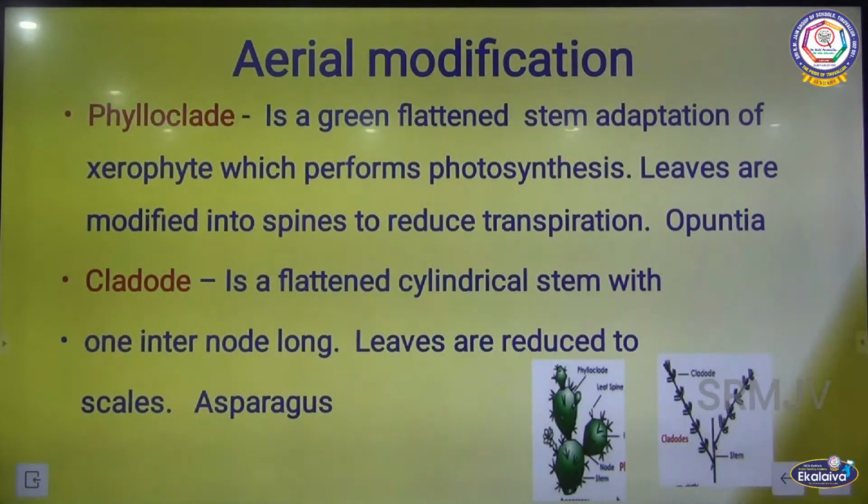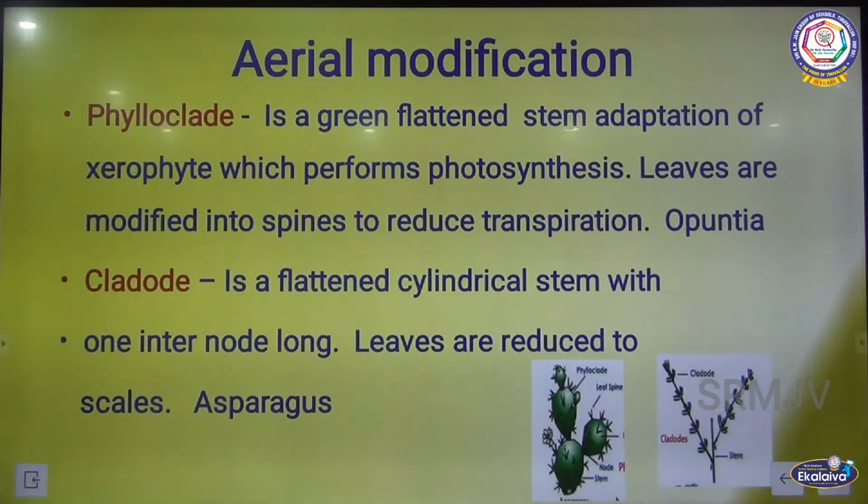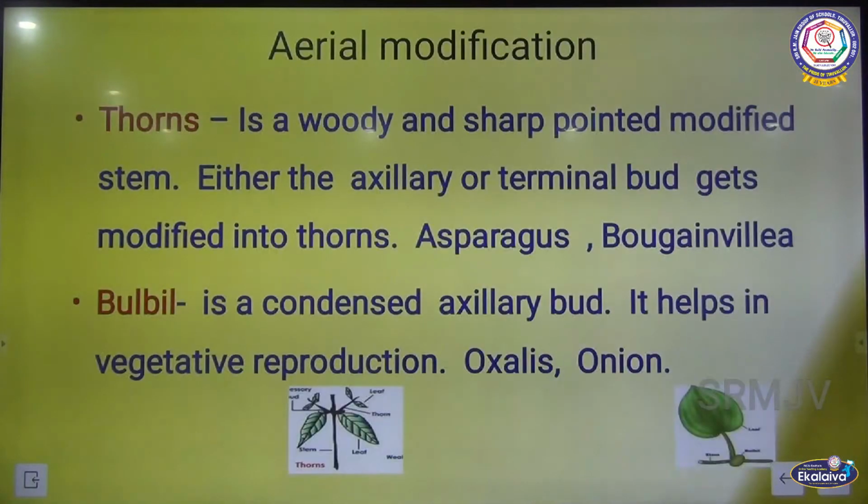And cladode is the one which has a flattened cylindrical stem with one internode long, and the leaves are reduced to scales. Asparagus is an example for cladode.